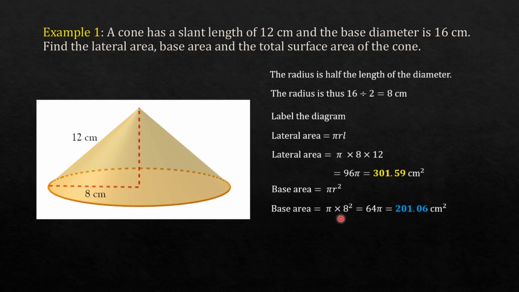So put your numbers in. With radius 8 centimeters, we'll get 201.06 square centimeters. Therefore, the total surface area is 301.59 plus 201.06, which is 502.65 square centimeters. That's the total surface area.